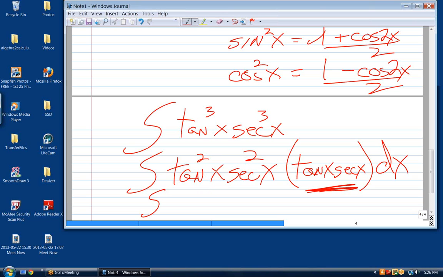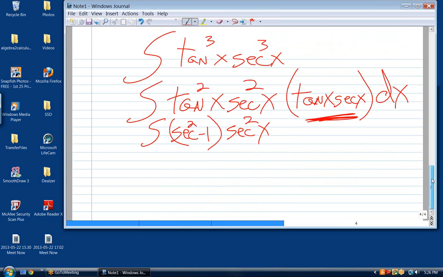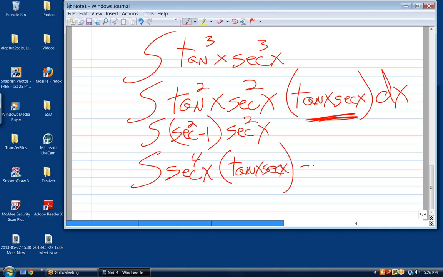Well, tan squared of x is equal to secant squared minus 1 times secant squared times this thing. See where we're going here? This is going to be secant fourth x times tan x secant x plus or minus secant squared x times tan x secant x.